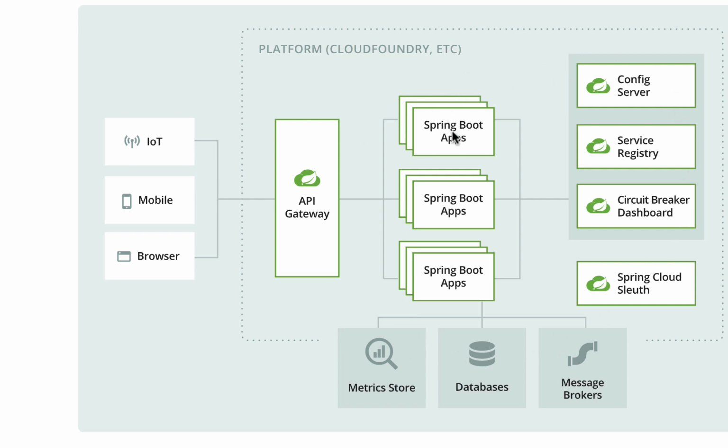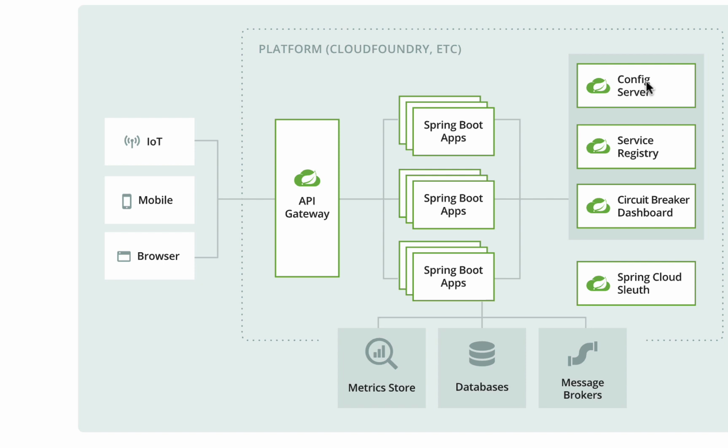Apart from these services, you can see other services: config server, service registry, circuit breaker, Spring Cloud Sleuth, API gateway. These are common patterns or tools that we need in our microservices, because let's say if you want to manage all the configurations of all the services in a central place, then you can go ahead and use config server.